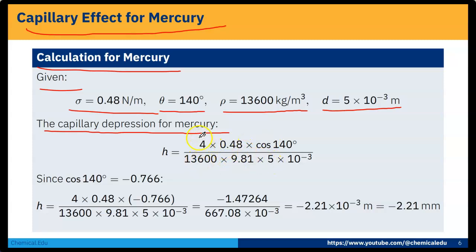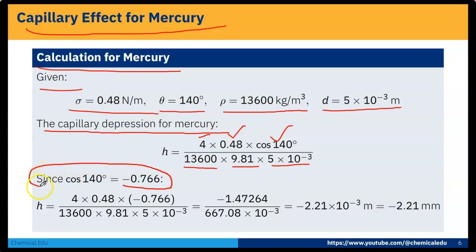So here 4, then sigma, then cos 140 degrees, then density, then g, then D. Cos 140 degrees is nothing but minus 0.766.